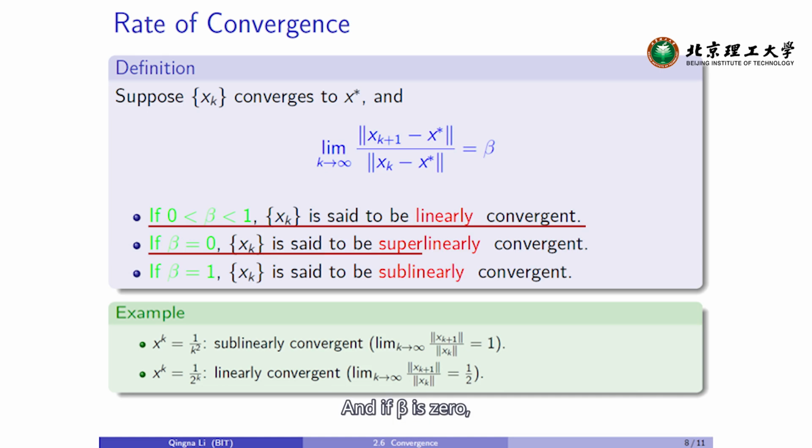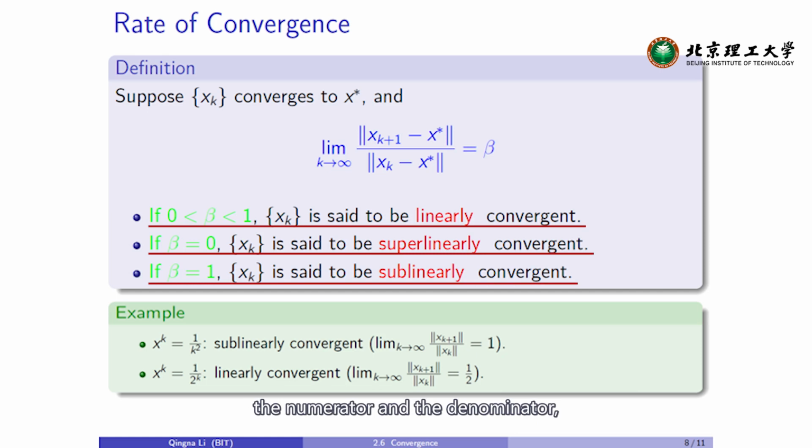If beta is 0, it means that the numerator runs much faster to x star than the current iteration. So we call it superlinearly convergent. And finally, if beta is 1, it means that the numerator and the denominator are similar to each other.